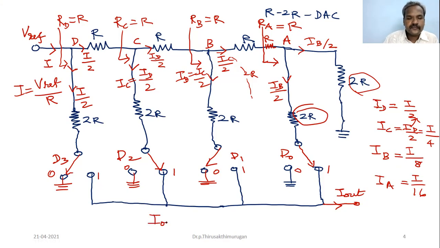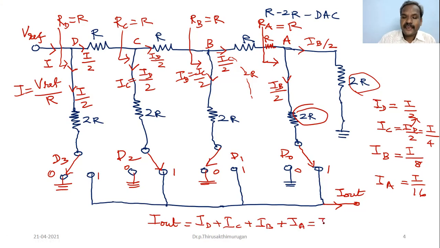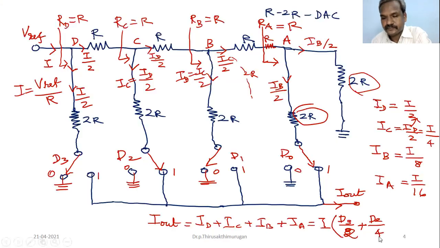I out equal to IA plus IB plus IC plus ID, which is equal to I times D3 by 2 plus D2 by 4 plus D1 by 8 plus D0 by 16.